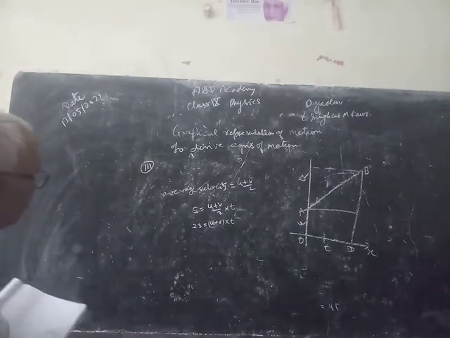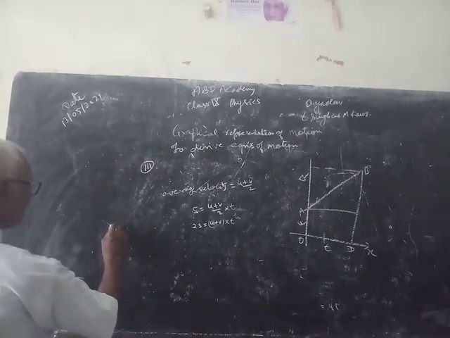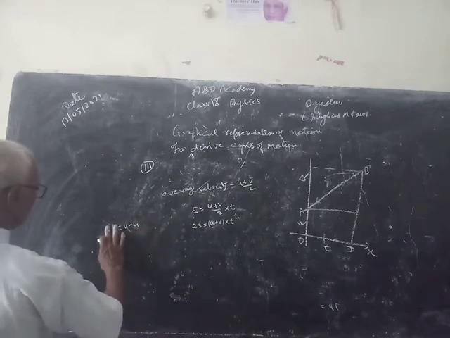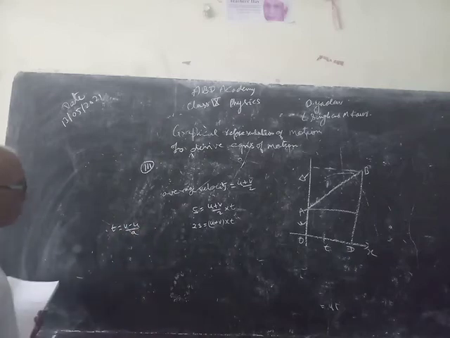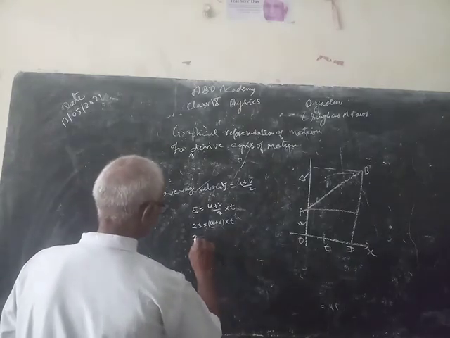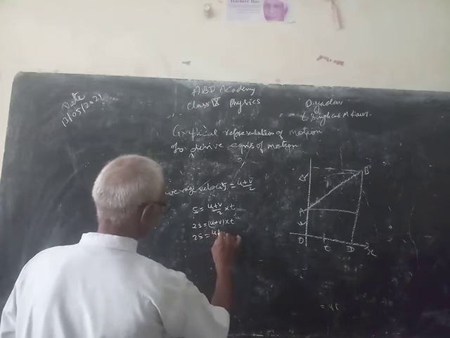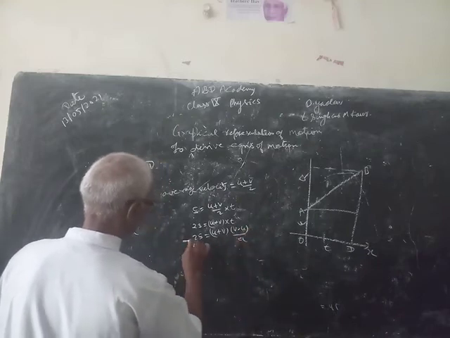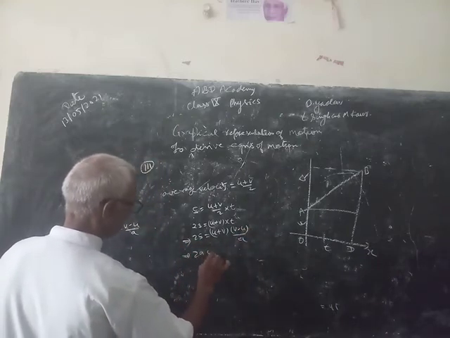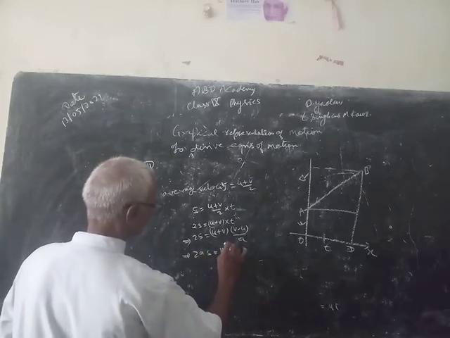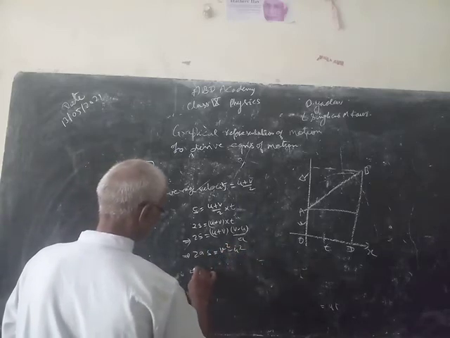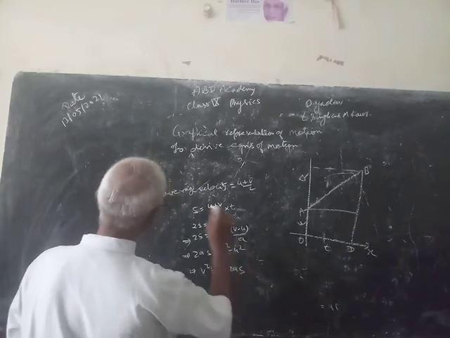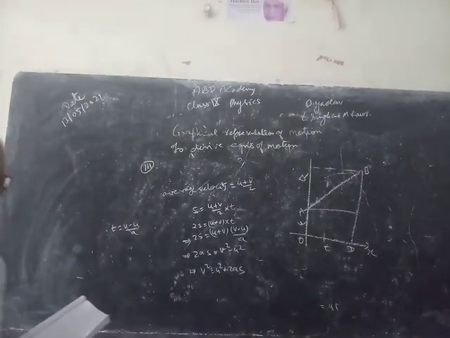And see, from the first equation we have AT is equal to V minus U. So T is equal to (V minus U) upon A here. So 2S is equal to (U plus V) into (V minus U) upon A, which implies 2AS is equal to V square minus U square, by which we have V square is equal to U square plus 2AS. It is the third equation of motion.